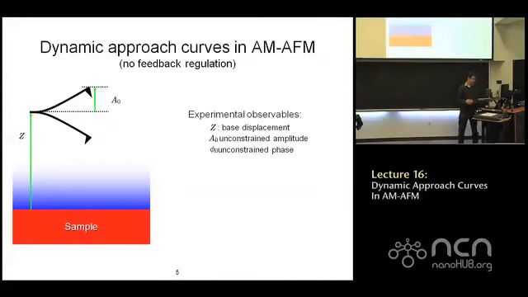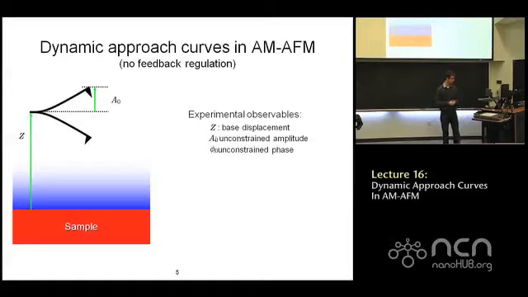Okay, and so initially we'll excite the cantilever. We're far removed from the surface of the sample, and here the cantilever attains an amplitude of A0, which we refer to as the unconstrained amplitude.